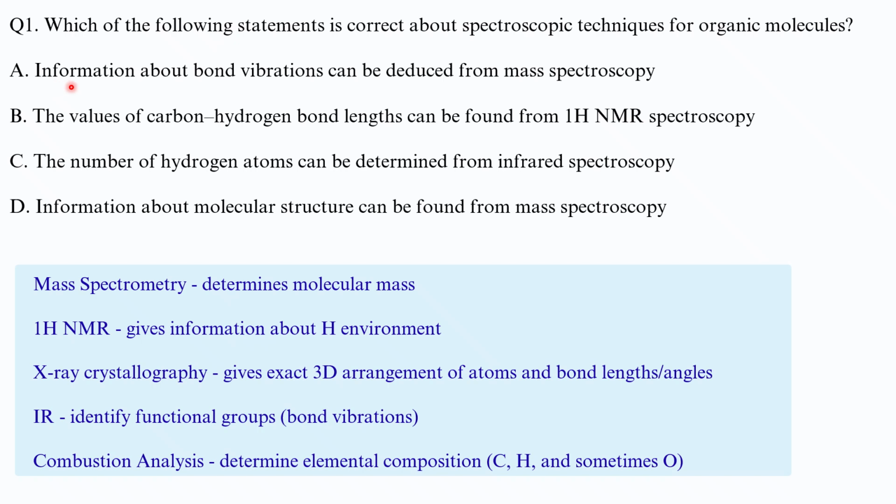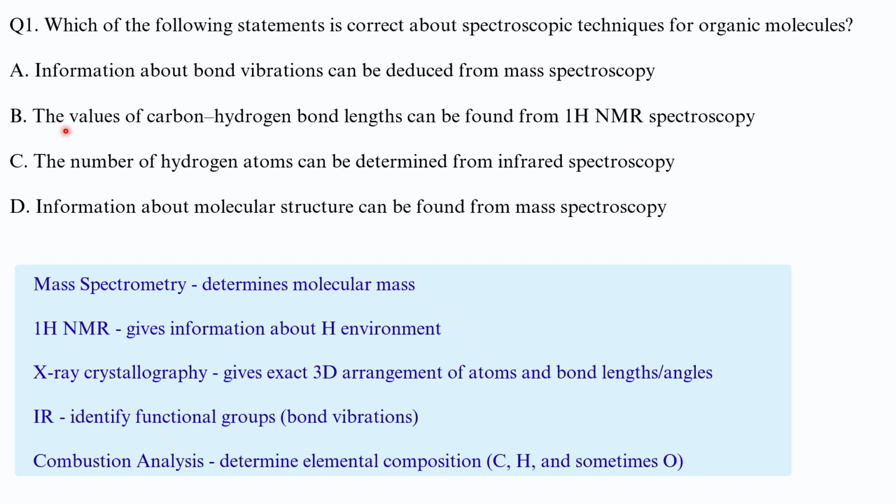The first option is, information about bond vibration can be deduced from mass spectrometry. So well, in case of mass spectrometry, what do we use? We use radical cations, and we determine molecular mass. We do not determine the bond vibration. So this statement is incorrect.